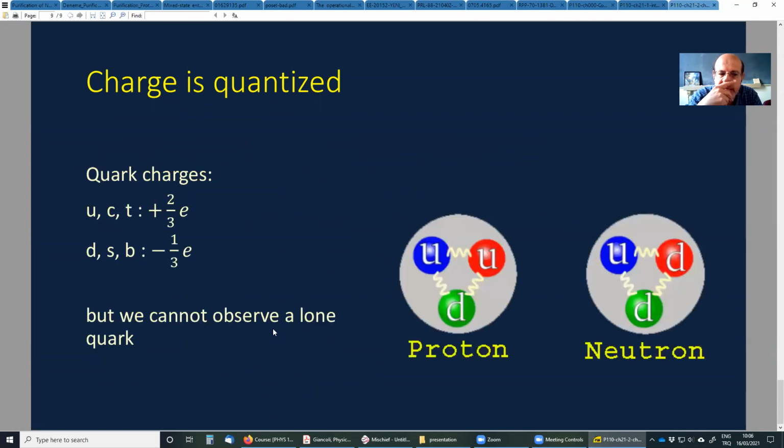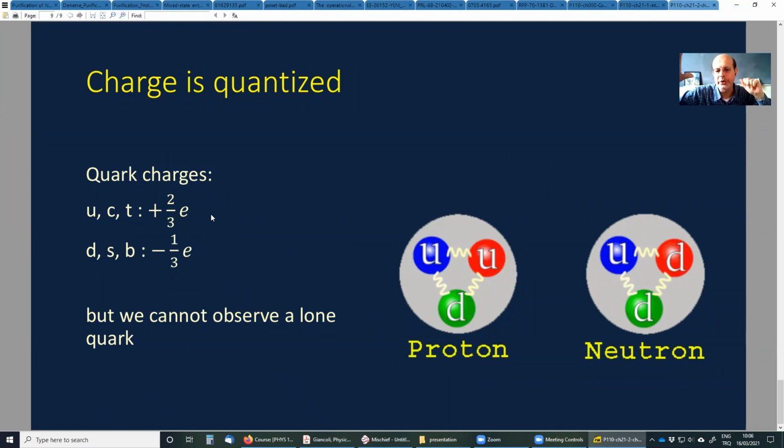I try to explain here that for some elementary particles, between protons and neutrons, the quarks apparently have fractional charges, like 1/3 of the elementary unit of charge. But this is not really against what I have said about the quantization of charge, because you cannot observe a single quark alone in space. It's not possible. So these particles are not free.